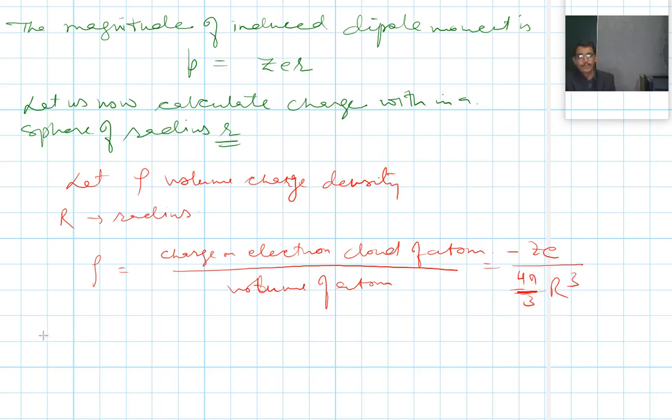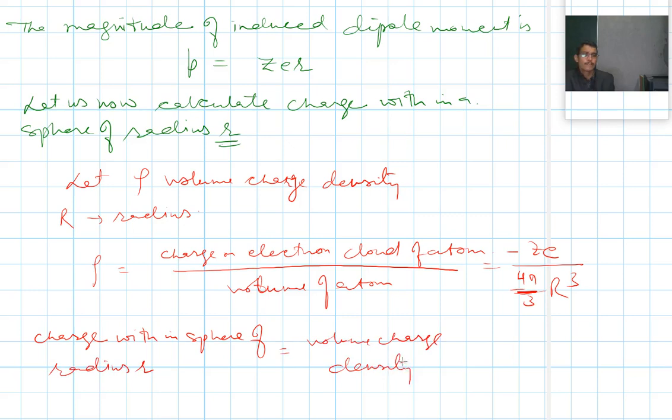Now the charge within a sphere of radius small r is basically the volume charge density multiplied by the volume of the sphere of radius small r.